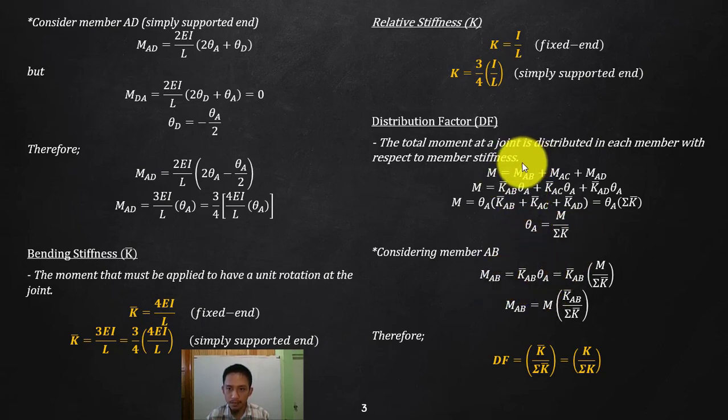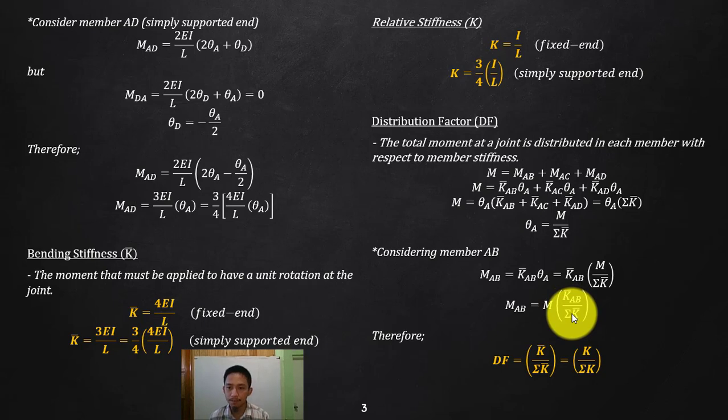MAB is KAB theta A. So if that is your MAB, then you can change the theta A in terms of the summation of K, so that you will have KAB times the value of theta A, which is the total moment M over the summation of K. You can simplify that as the percentage or the amount of moment that will be given to AB is equal to the percentage of its stiffness with respect to the total stiffness.